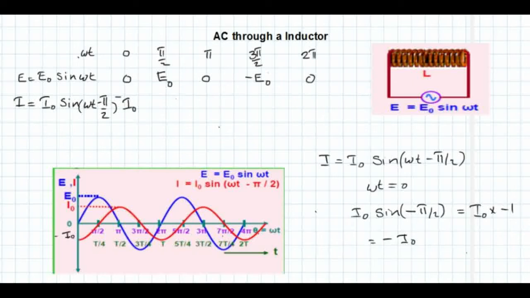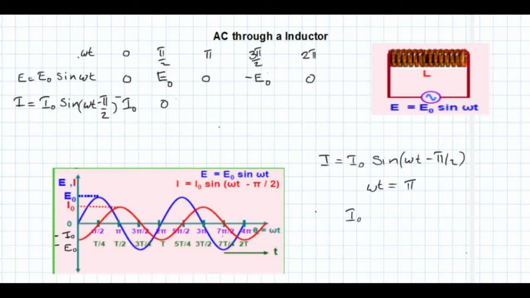The next case omega t is equal to pi by 2. And when omega t is equal to pi by 2, what is the value of I? It will be I0 sine of pi by 2 minus pi by 2, which is 0, because sine 0 is equal to 0. So current is 0. The next is omega t is equal to pi.